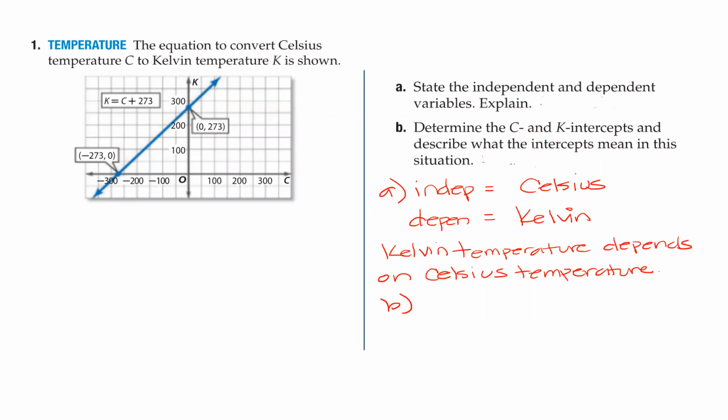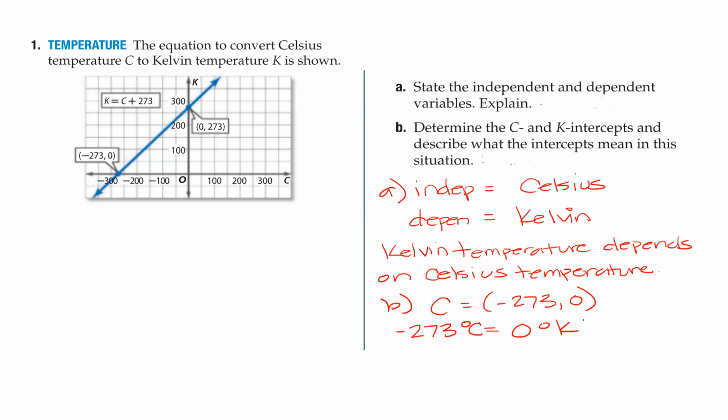So the C intercept, it crosses here at C, right here at negative 273, 0. So that means negative 273 degrees Celsius is equal to 0 degrees Kelvin.